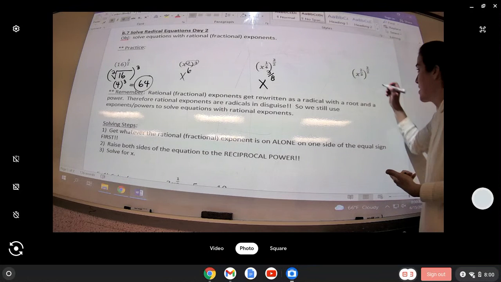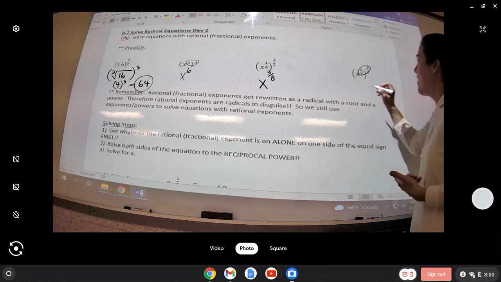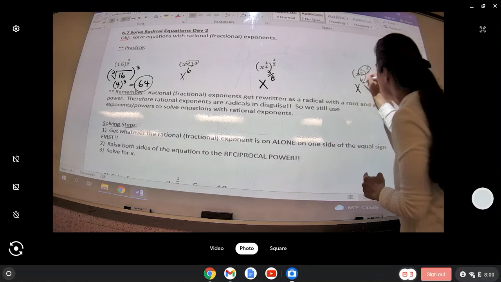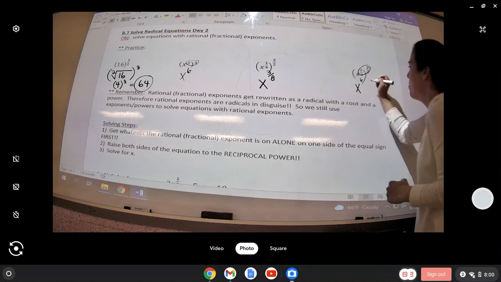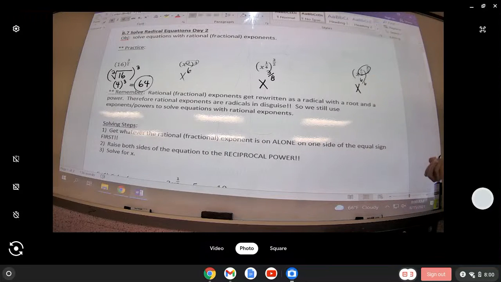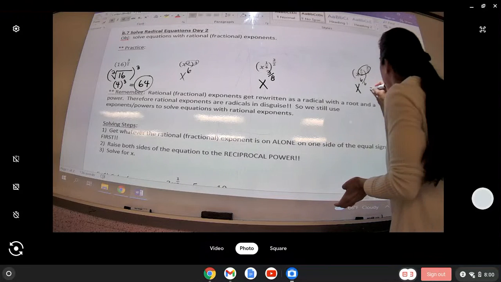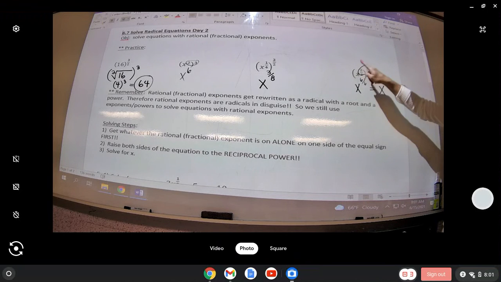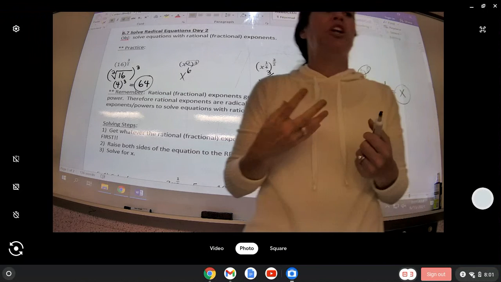We multiply them together, so this becomes x to the 2 times 3 on top is 6, over 3 times 2 on bottom is 6. 6 divided by 6 is 1, and x to the first is just x. So when you raise a rational exponent to its reciprocal power, it cancels out, and you're just left with the variable. That's the technique we're going to use today.